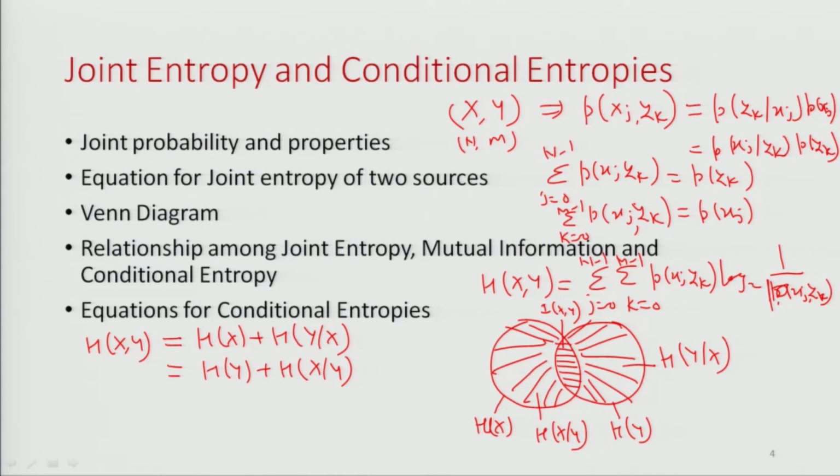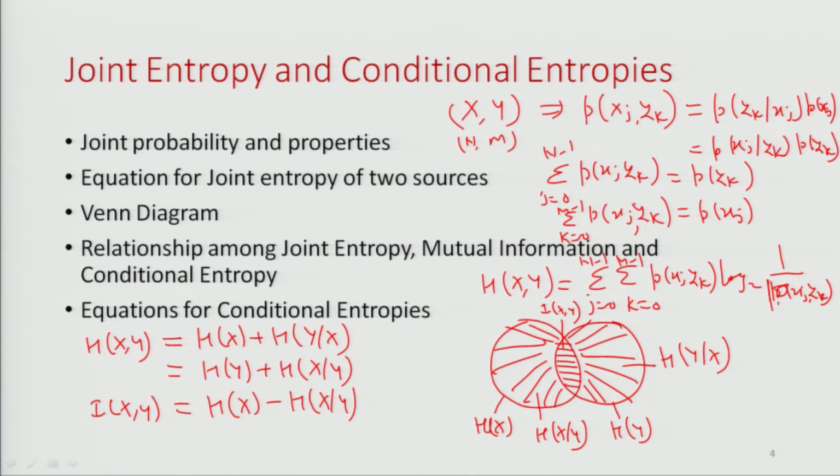And the mutual information I(X;Y) can be given, from this side, as H(X) minus H(X given Y). This is the complete H(X). From this the uncommon part is removed, then the remaining is the common part, that is I(X;Y), the mutual information.